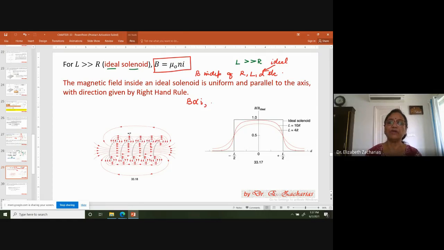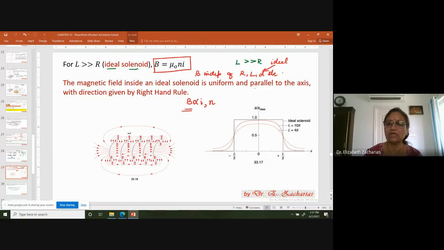It is going to depend on the number of turns per unit length. It's just going to depend on these two. And what is the direction of the magnetic field? The direction is given by your right hand rule. Not depending on R, L, D simply means everywhere inside the solenoid the magnetic field value is the same.